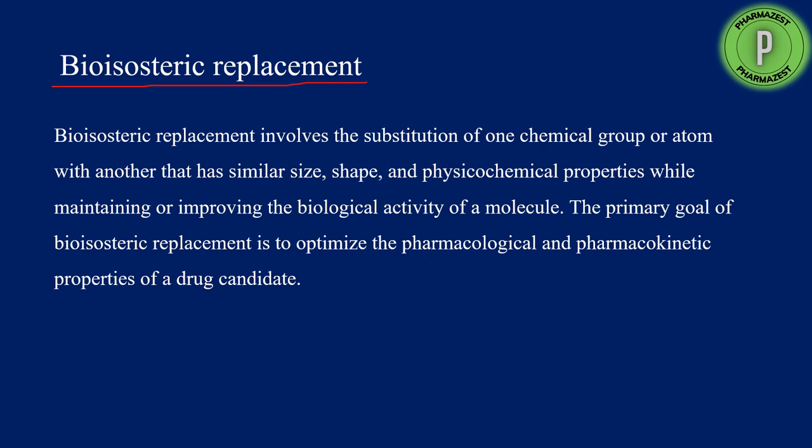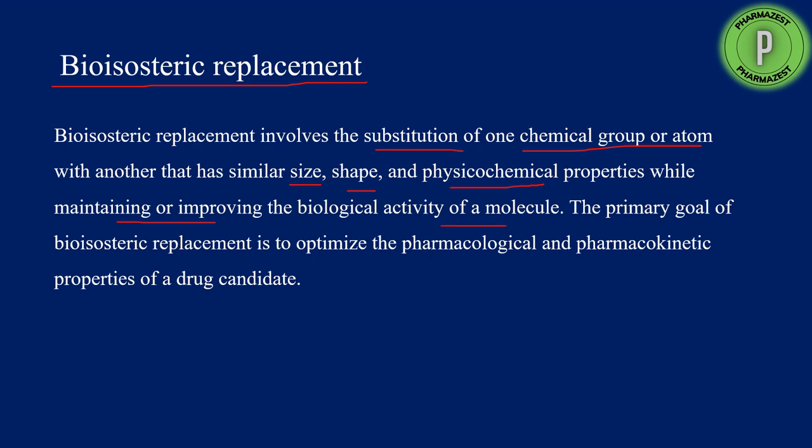Bioisosteric replacement means substituting one chemical group or atom with another chemical group or atom, that is, a functional group or atom having similar size, shape and physicochemical properties. These functional groups help in maintaining or improving the biological activity of the molecule.